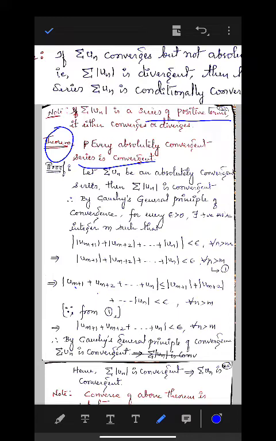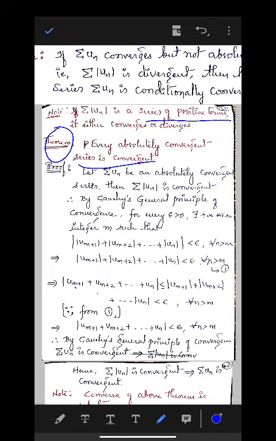Every absolutely convergent series is convergent. In this theorem, we first assume an absolutely convergent series and we need to show that it is convergent, right? After that, we will discuss whether the converse of this theorem is true or not.